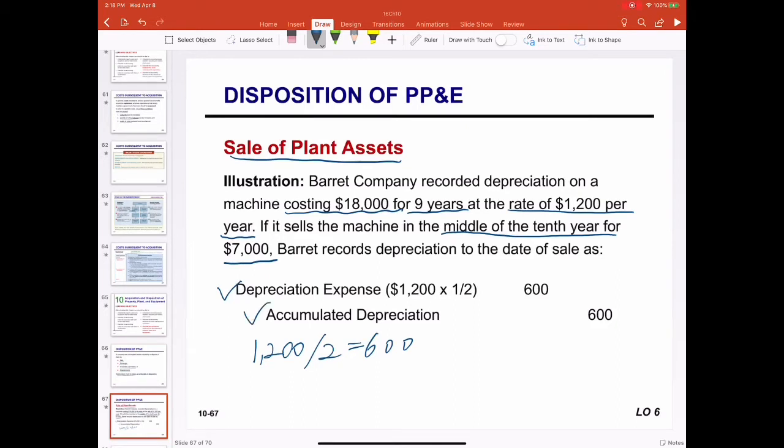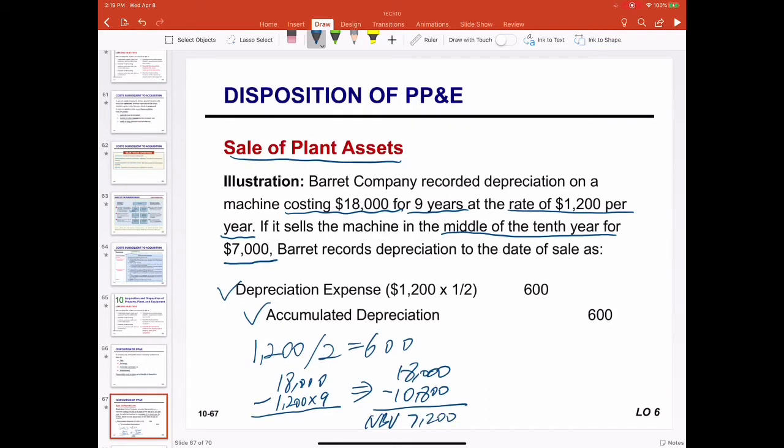Before this journal entry, we know in the balance sheet, this machine is reported as the cost $18,000, less the accumulated depreciation, which is 1,200 multiplied by 9. So this is the same as 18,000 subtract 10,800. So net book value is 7,200. But we know that's the book value by the end of the 9th year.